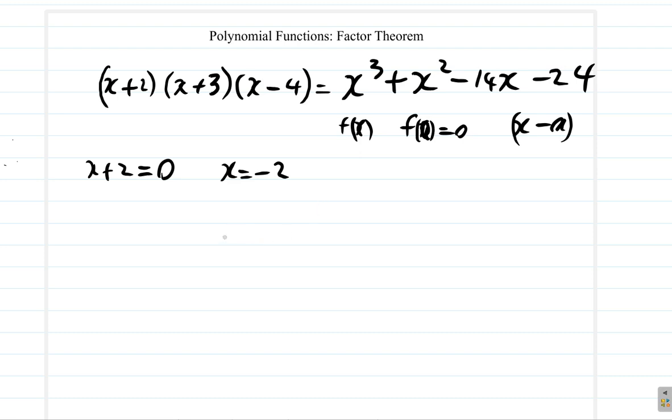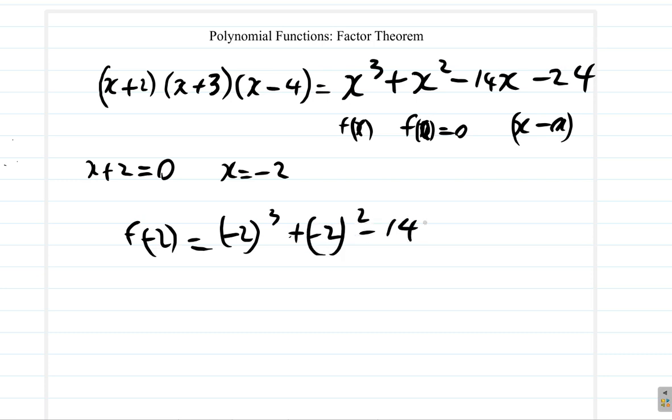So let's try. f of negative 2 is negative 2 cubed plus negative 2 squared minus 14 by negative 2 minus 24. Negative 2 cubed is negative 8, plus 2 2's 4, plus 14 2's 28, minus 24.